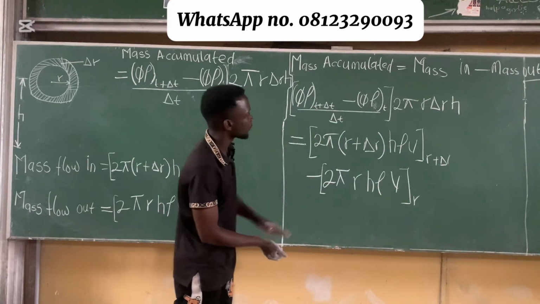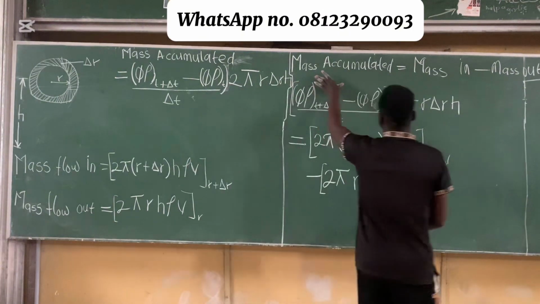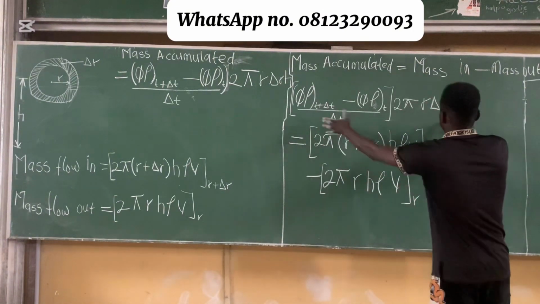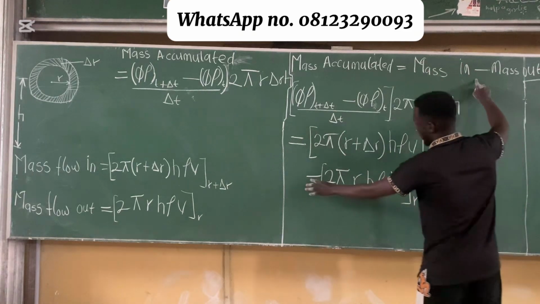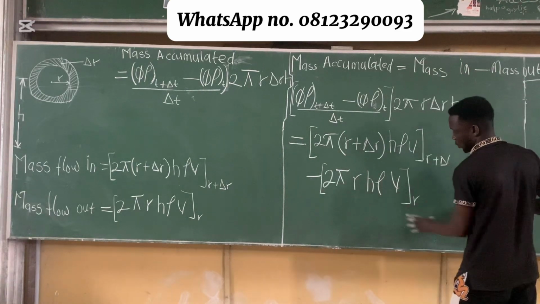So if we substitute, we have our mass accumulated, which is this, equal to mass in, which is this, minus mass out, which is this.